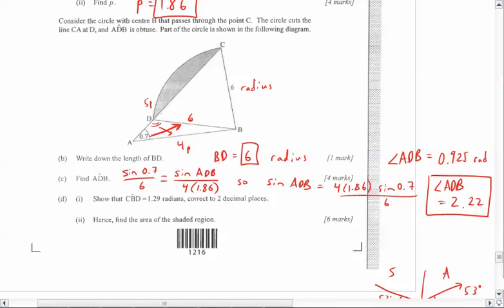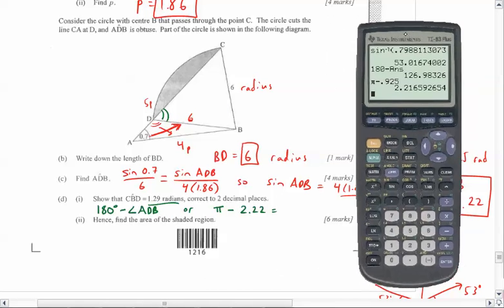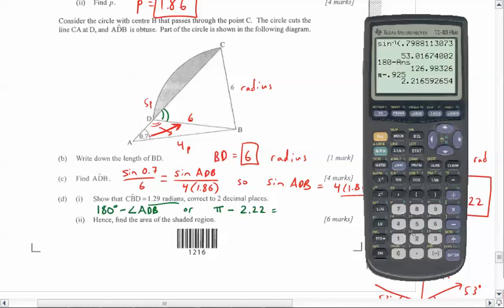Now to show that CDB is equal to 1.29 radians, that's this one right here, all I need to do is use the fact that they're angles on a line. So that would be 180 degrees minus angle ADB, or if I'm using radians, pi minus 2.22. This is another way for me to verify if I made a mistake with the other angle of sine.